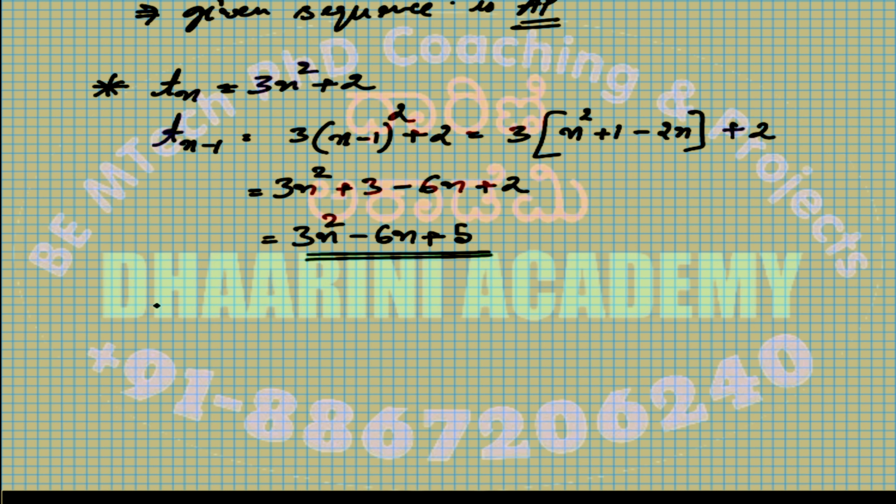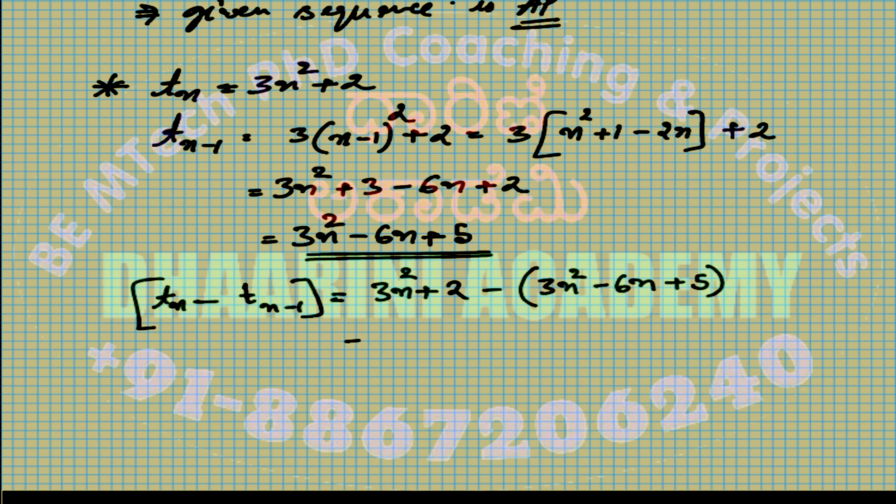So perform the difference now. Tn minus Tn minus 1 is 3n square plus 2, that's the first term, then subtract 3n square minus 6n plus 5 from this. So this becomes 3n square plus 2 minus 3n square, minus of minus is plus 6n minus 5.